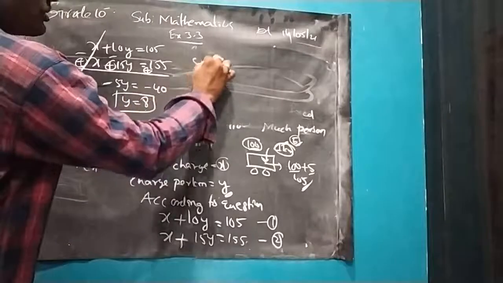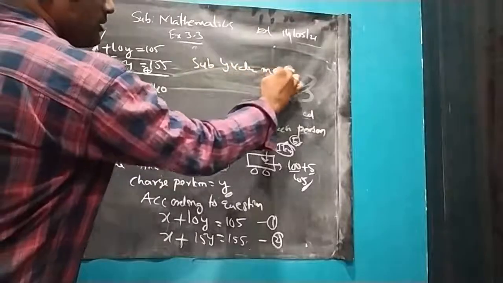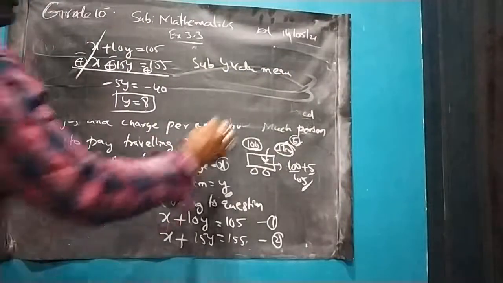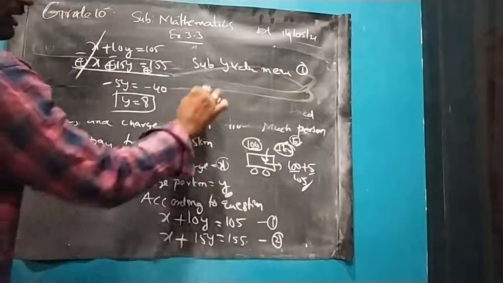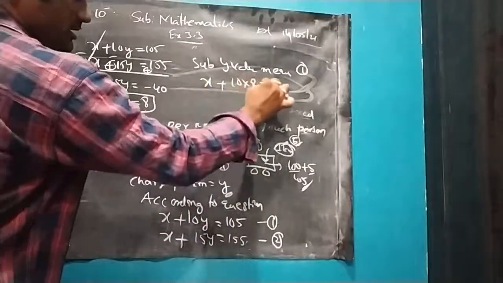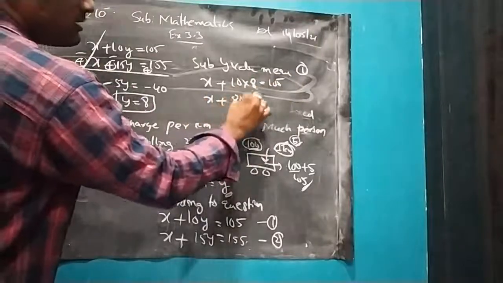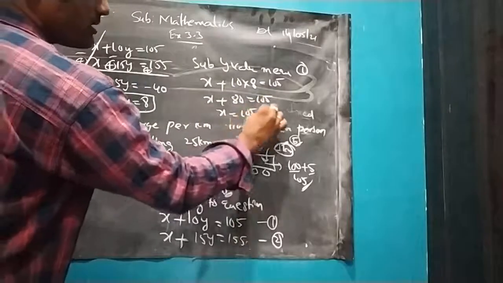Now substitute the y value in equation 1. If you are substituting the y value in equation 1, what are we going to get here? x plus 10 into 8 is equal to 105. x plus 80 is equal to 105. x is equal to 105 minus 80.